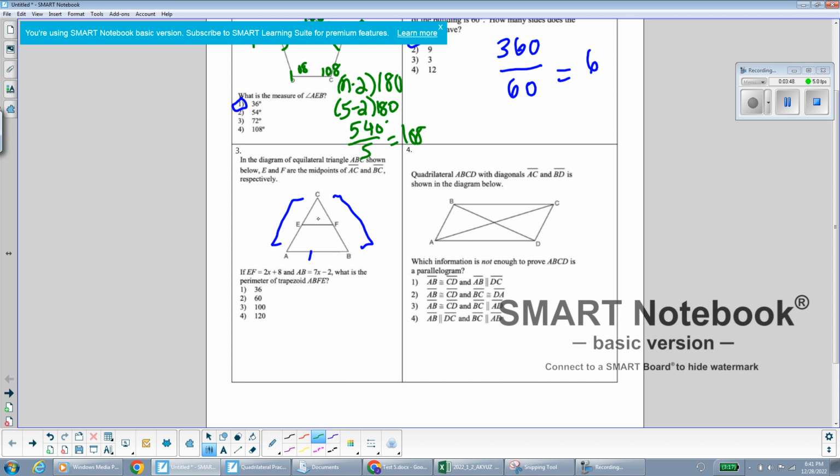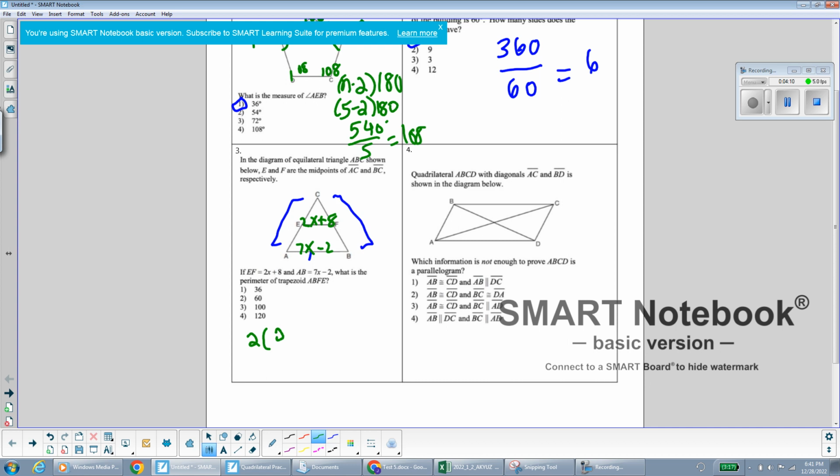So if the midsegment is represented as 2x plus 8, and AB is represented as 7x minus 2, I can make an equation that says this doubled gives me this, or half of this gives me this. I'm going to go with the first option. If I double the midsegment, I'll get the third side of the triangle.